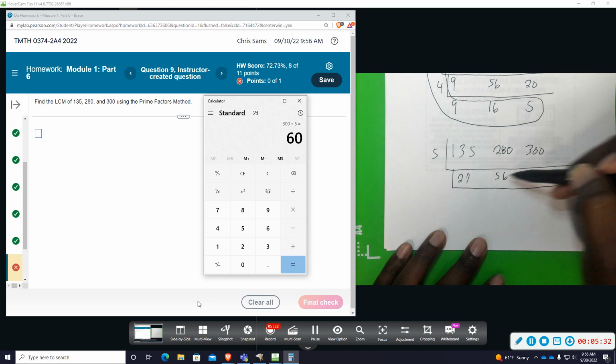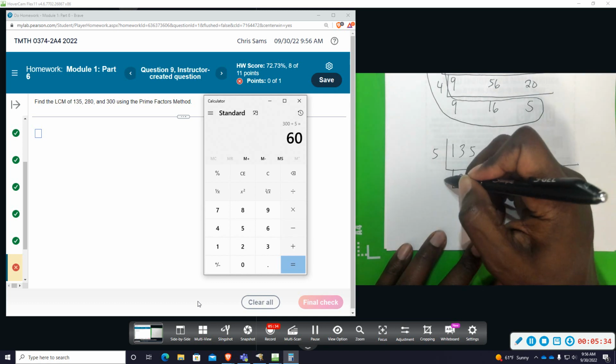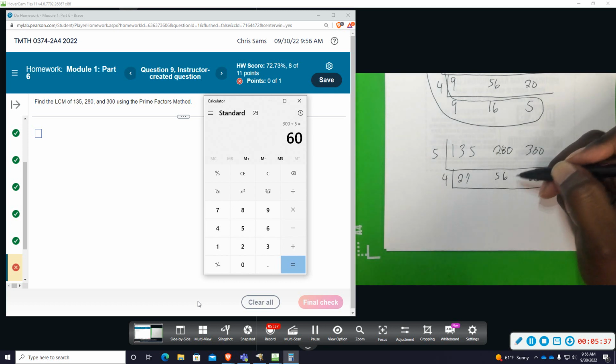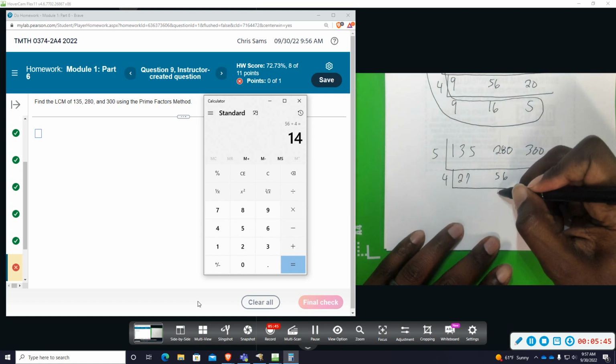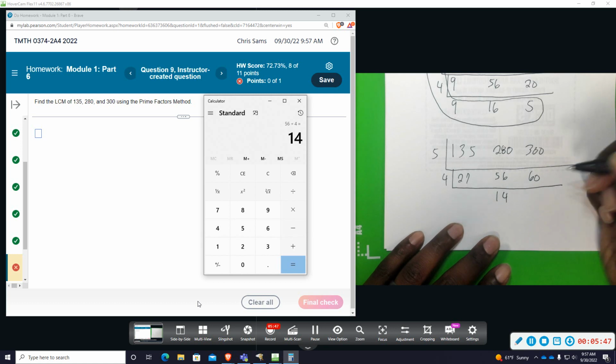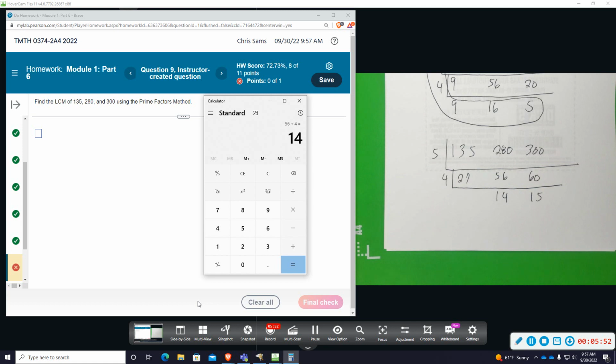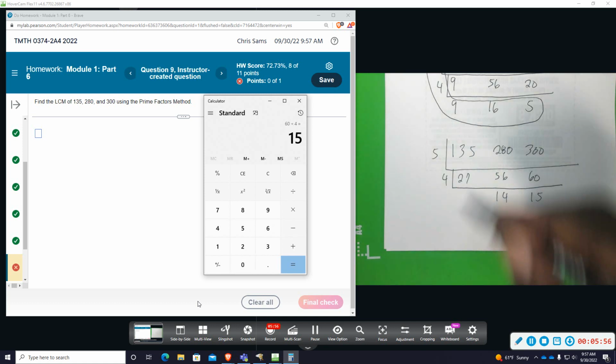So let's go ahead and divide 4 out of these 2. Just make sure I didn't mess up. And let's do 56 divided by 4. It's 14. I put 16, so that was my mistake. That's where I messed up. 60 divided by 4 is 15. And then this is 27.